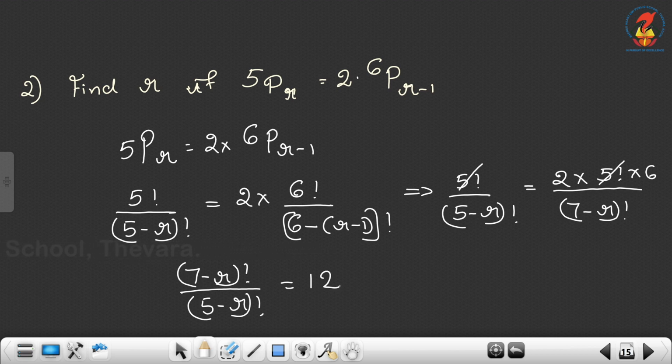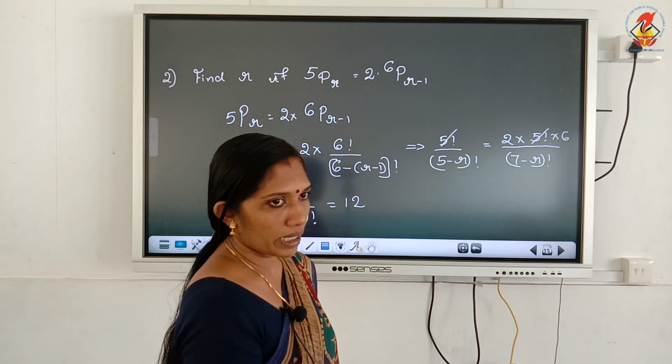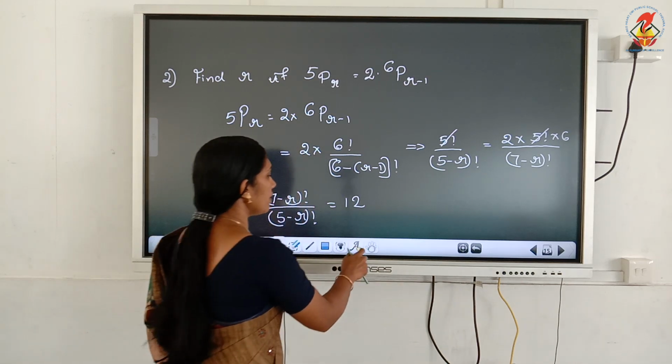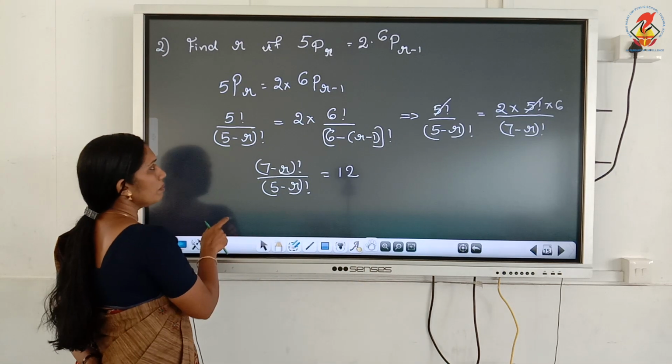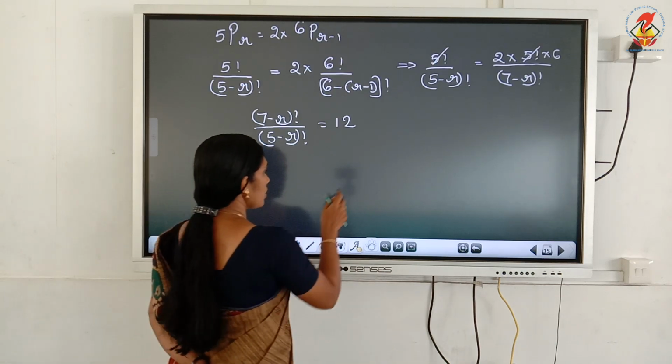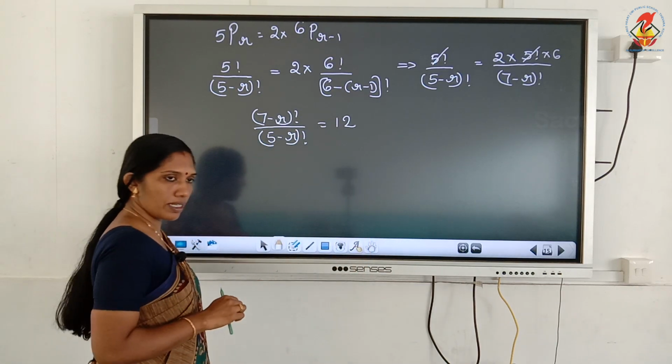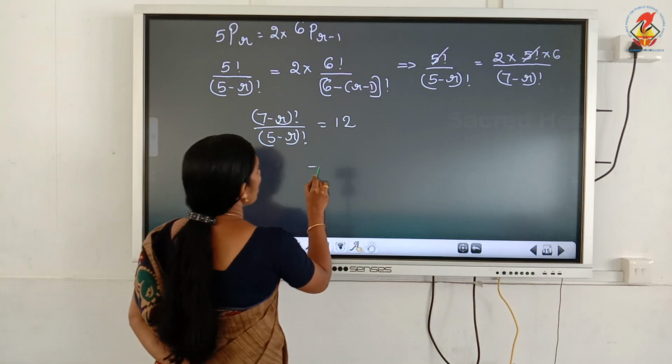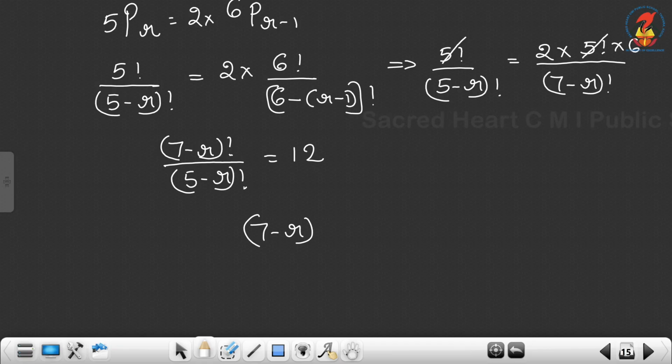Now we have to cancel this factorial. How to cancel? Which is greater, 7 minus r or 5 minus r? 7 minus r. What is the term before 7 minus r? How to find the term before that? You have to subtract 1, isn't it? So the term before 7 minus r is 6 minus r. What is the term before 6 minus r? It is 5 minus r.